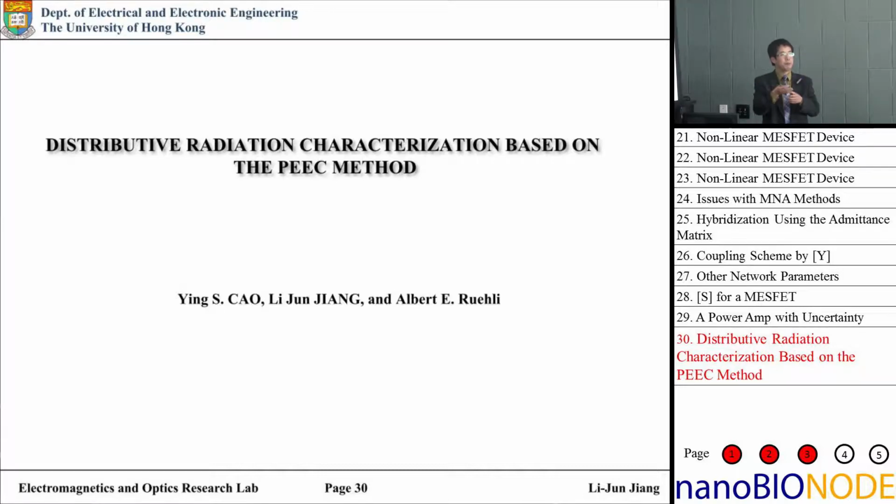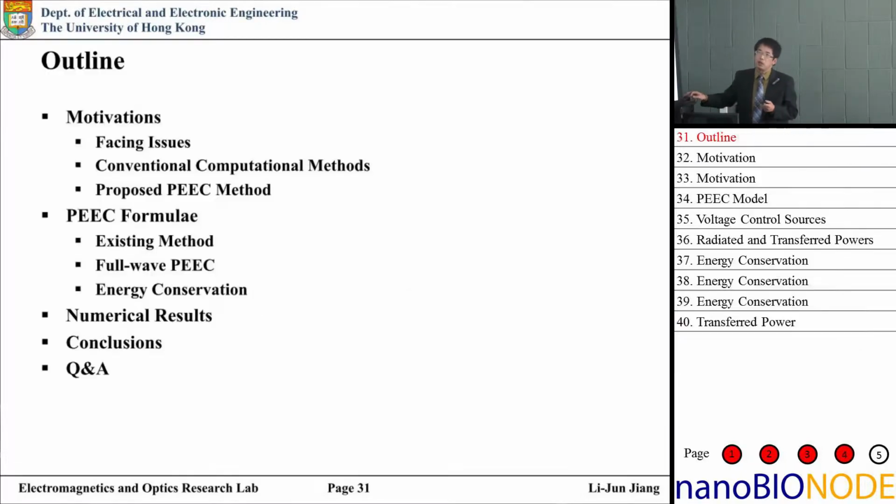And not only coupling: because the frequency is higher, how they radiate, how much this part is radiating, and how much this coupling is contributing to the radiation. When CEM solves a problem, it solves everything and gives the numerical solution of every detail. But how do we analyze these details? That is the purpose of this work.